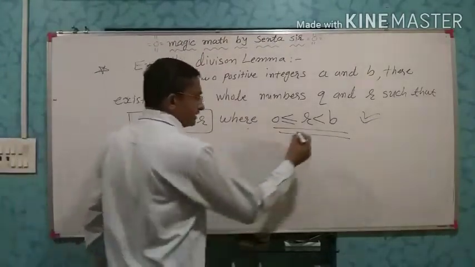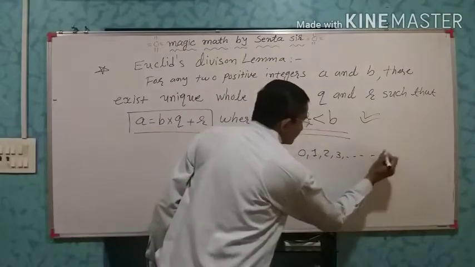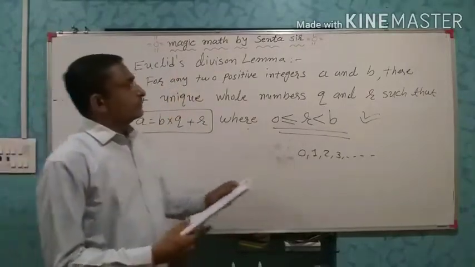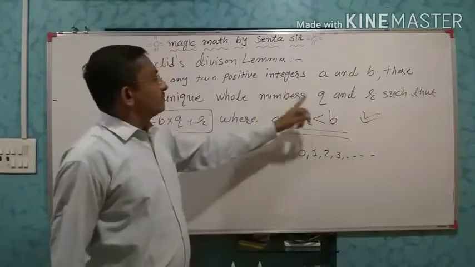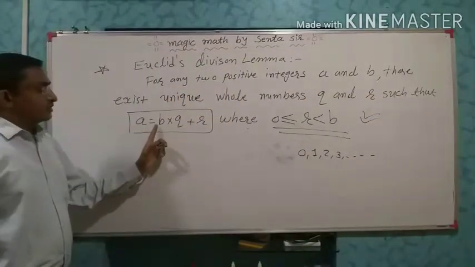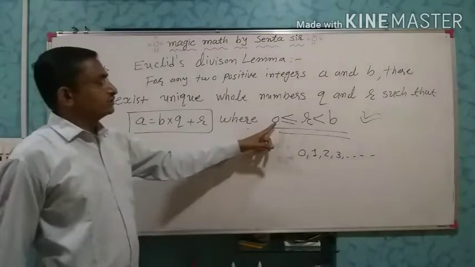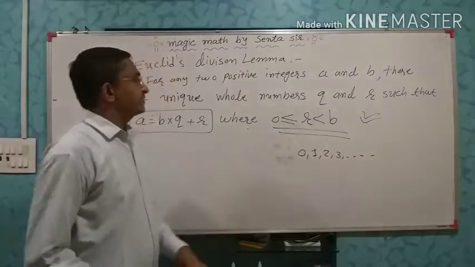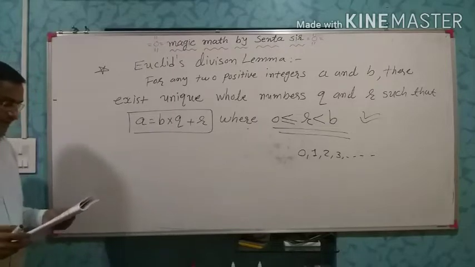You have studied whole numbers: 0, 1, 2, 3 up to infinity, any of these numbers can be q and r. Such that a is equal to b into q plus r, where 0 less than or equal to r less than b. This is called Euclid's division lemma, right?